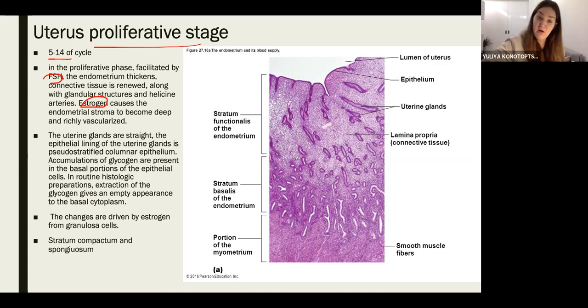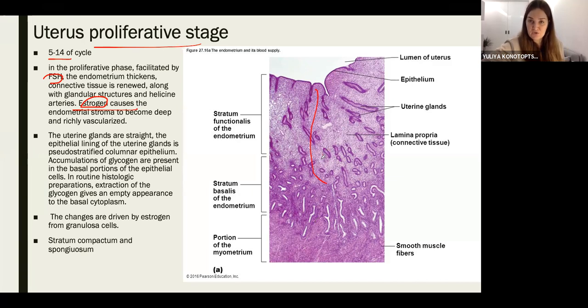You remember the uterine glands, right? They're within the entire part of your endometrium, within the entire part of the stratum functionale and basale. Very important to remember that these uterine glands in the estrogen or proliferative stage of the uterus are straight. That's how, by simply looking at the endometrium, I can tell you which phase we are at right now.